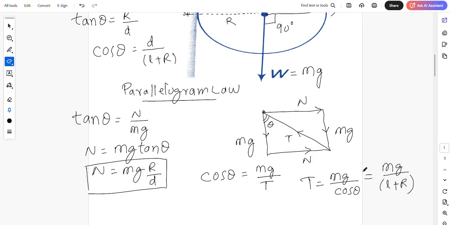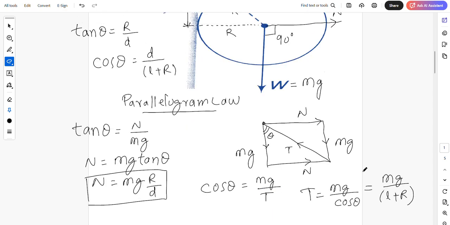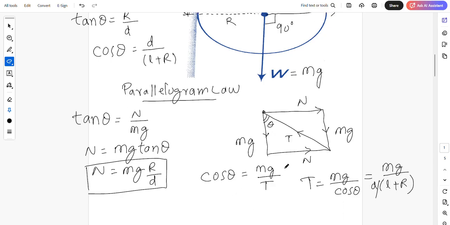Cos theta is equal to d by L plus r. Therefore I can write T is equal to mg divided by cos theta, that is d by L plus r. So L plus r will go to the numerator: T is equal to mg into L plus r by d.